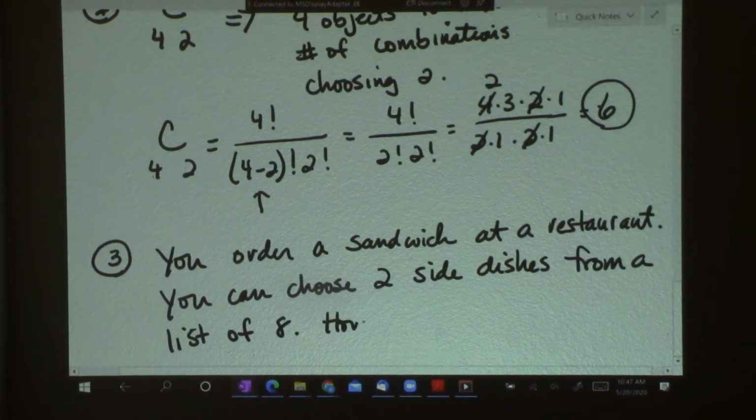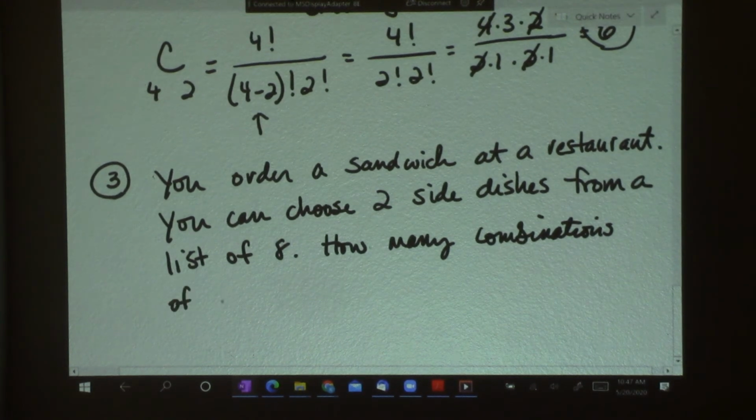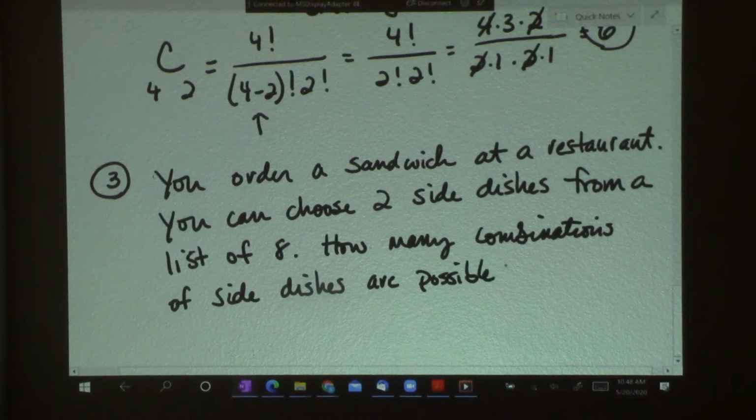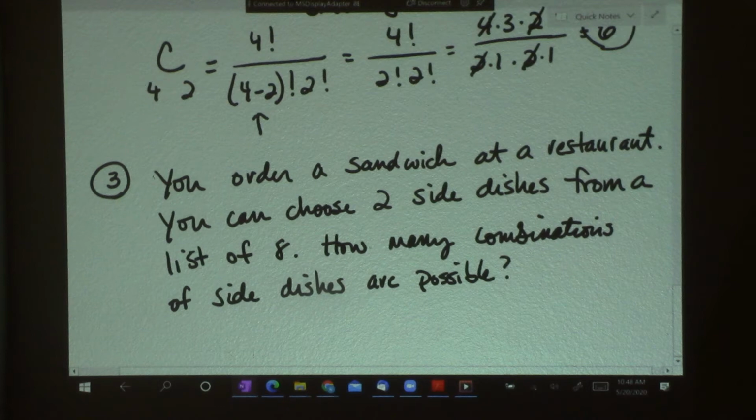How many combinations of side dishes are possible? So again, I'm going kind of fast, so feel free to pause this if you need to catch up with what you're writing, or rewind it.